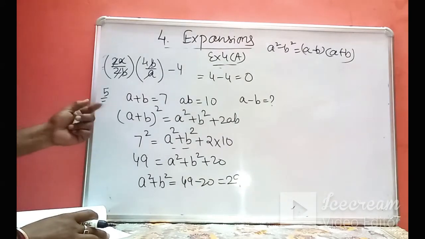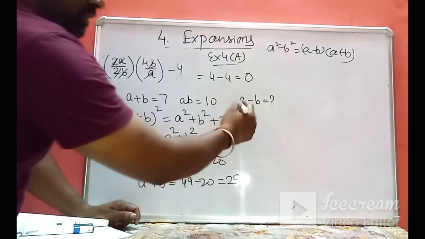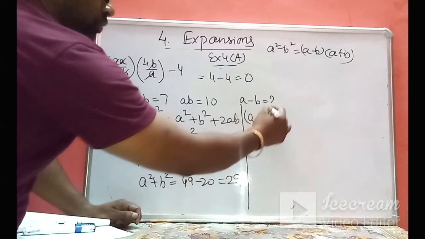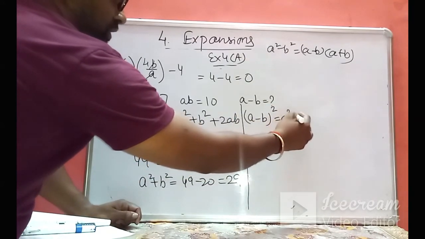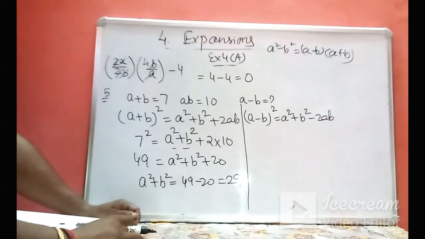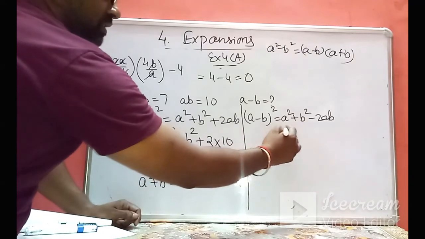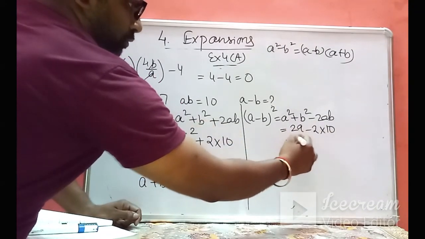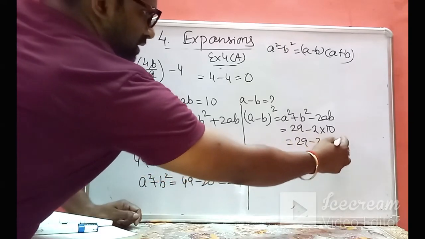So the method that we use here, again we will write the formula of (a minus b) whole square. So a square plus b square minus 2ab. And see, this value is with us, 29. Then ab is there. So 29 minus 20, that is 9.